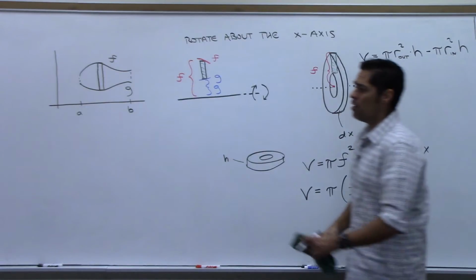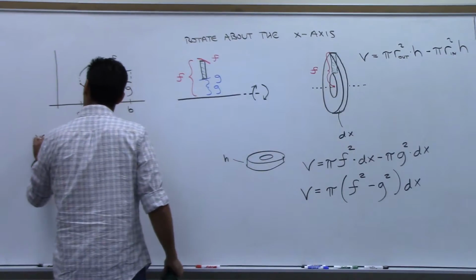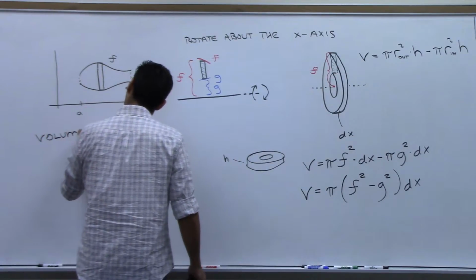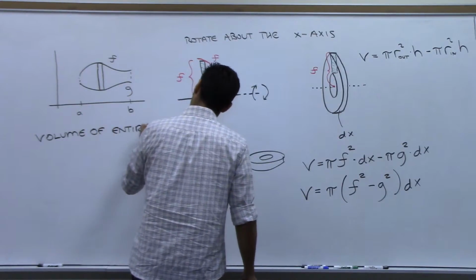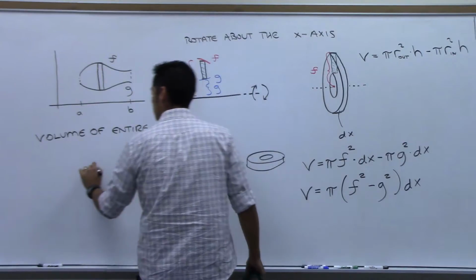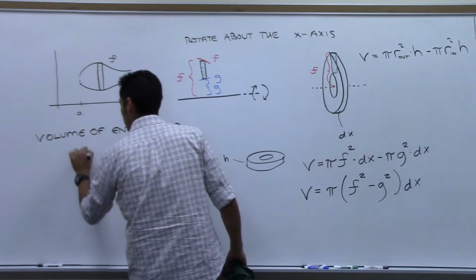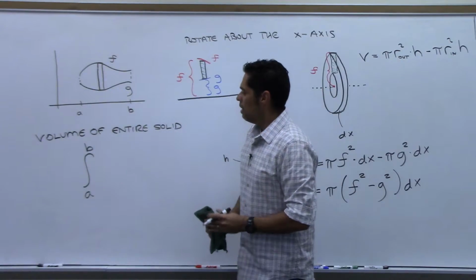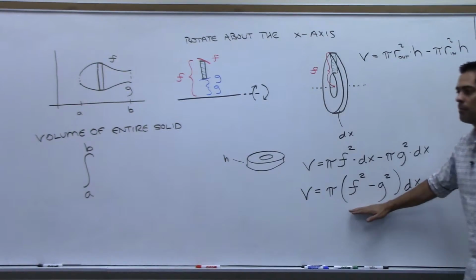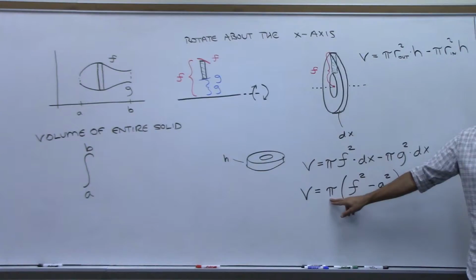So if we want the volume of the entire solid, it'll be the integral from a to b, because that's where we're going to let x vary from, of this formula. Now pi is a constant, isn't it?